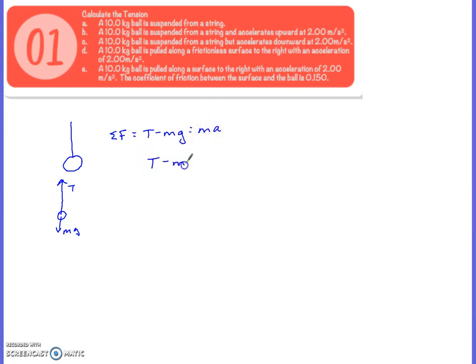So tension minus mg, well, let me go ahead and start filling in some values. So tension minus the mass of the ball times gravitational acceleration, mg, 9.8 meters per second squared, equals m, 10 kilograms, times a. It is an upward acceleration.